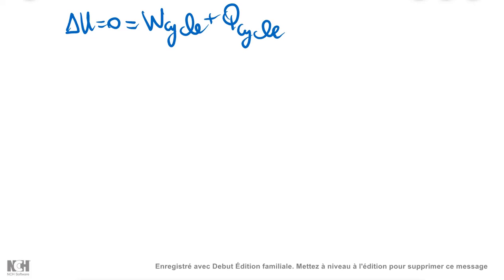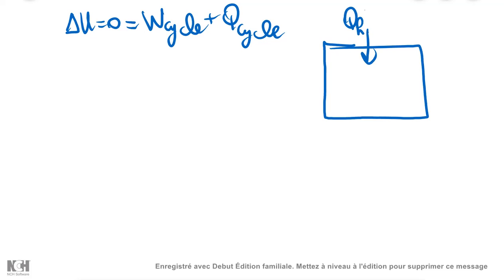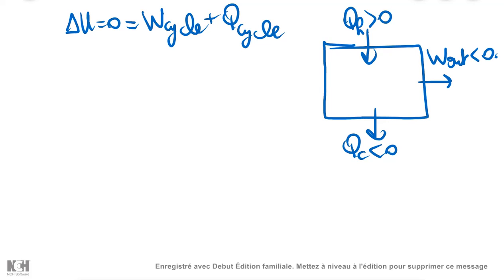I'm just going to make again the schema of the situation. So we said that we have QH here positive, QC negative, and the work negative in the referential of the system. So if I replace, I will have W cycle, which is the summation of all the works, but we have just one work in the cycle, so it's going to be W out.